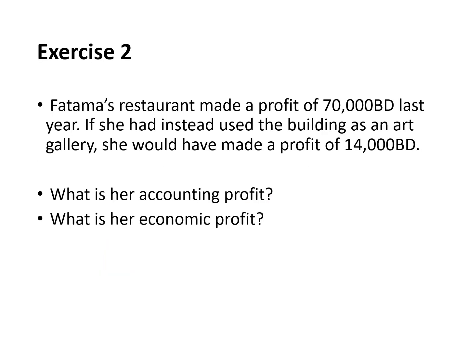Okay, so let's look at another example. This time Fatima's restaurant made an accounting profit of 70,000 BD last year. Okay, if she had closed her restaurant and rented out the premises that she owns as a gallery, she could have made 14,000 BD for that premises.